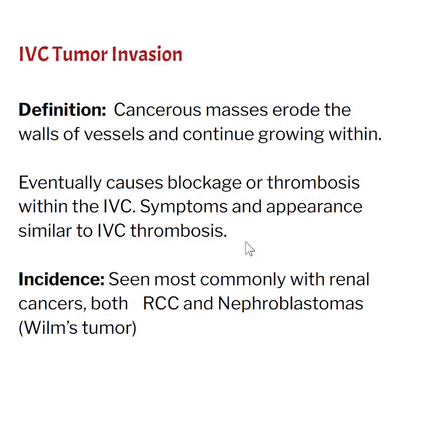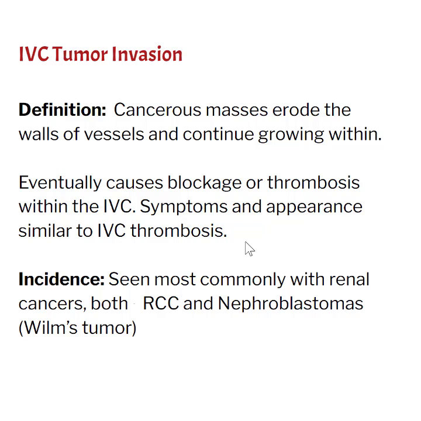Another pathology that involves the IVC is something called tumor invasion. We know that as cancers grow, they typically don't just push anatomy aside, they typically grow through them. So IVC tumor invasion is related to cancerous masses eroding the wall of the vessel and continuing to grow within.